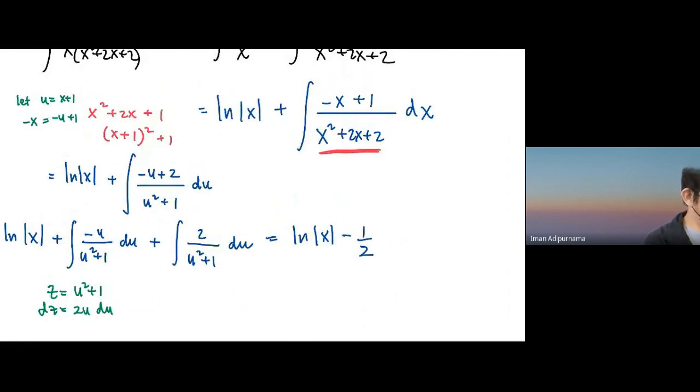So half and then ln, because 1 over z, and this will be u squared plus 1. This is plus 2 tangent inverse u, but let me solve this to x.